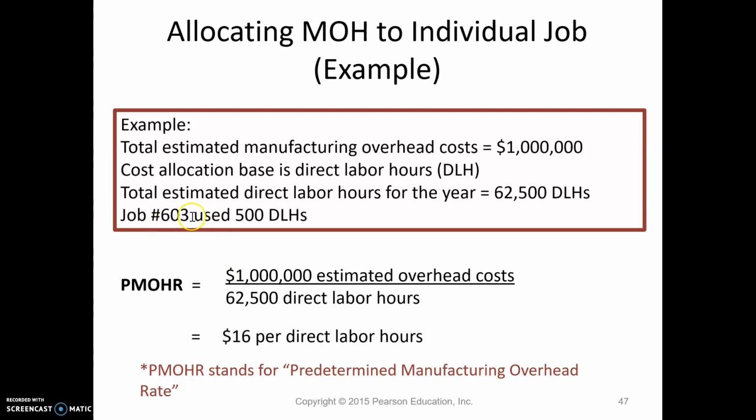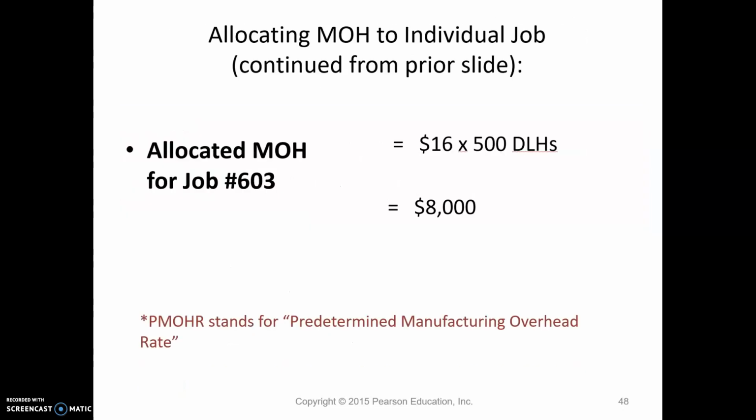So we've got a specific job number 603, that's used 500 direct labor hours. So to get the allocated overhead for job number 603, we're going to take the $16 per direct labor hour and multiply it by the 500 direct labor hours that job 603 used.